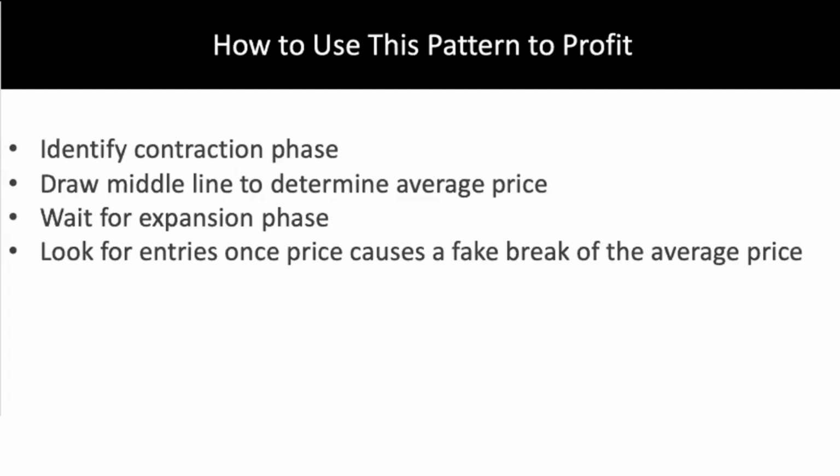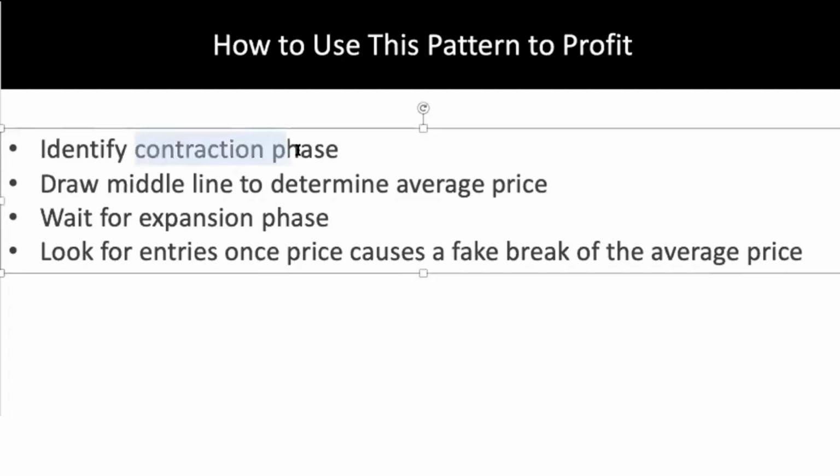Step number 1, you identify the contraction phase. Earlier on we said that the contraction phase is where the candles are narrow, price is going nowhere. It typically happens during an ECB press conference, a BOJ press conference, or FOMC, not always, but generally. Step 2 is to draw the middle line to determine the average price.